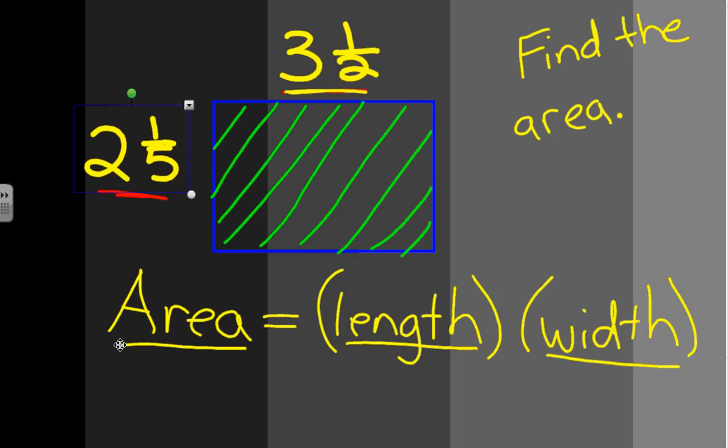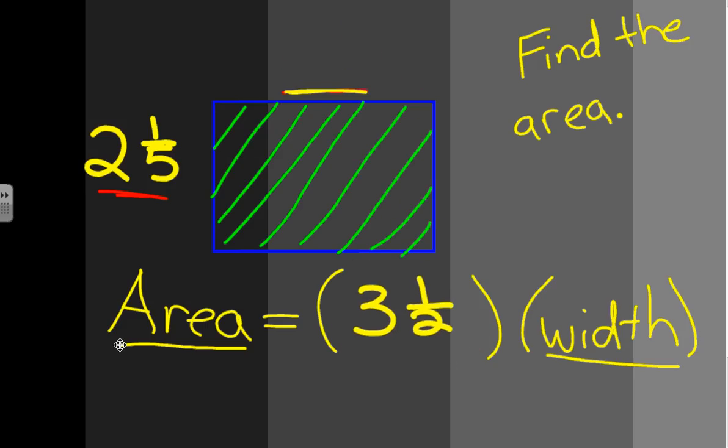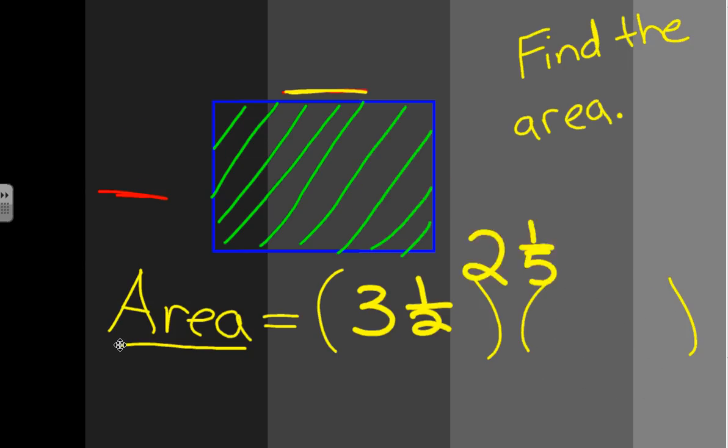So I'm going to go ahead and plug that amount into my length, moving that 3 1/2 down here. And I'm going to plug 2 1/5 in for my width of the rectangle. Now we'll move this over here. Now see if you can multiply to solve for the area of a rectangle.